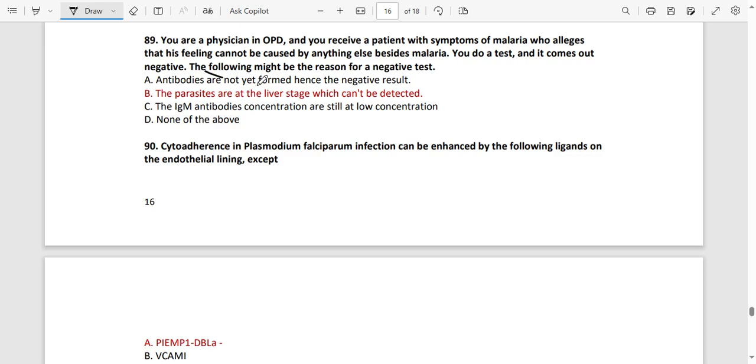Antibodies are not yet formed, hence the negative test. The parasites are at the liver stage, which cannot be detected. IgM antibody concentrations are still low. Remember we said that when the parasite is in the liver, you can't detect it unless it goes into blood.